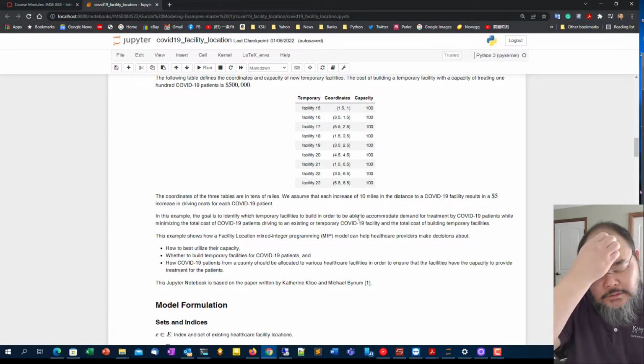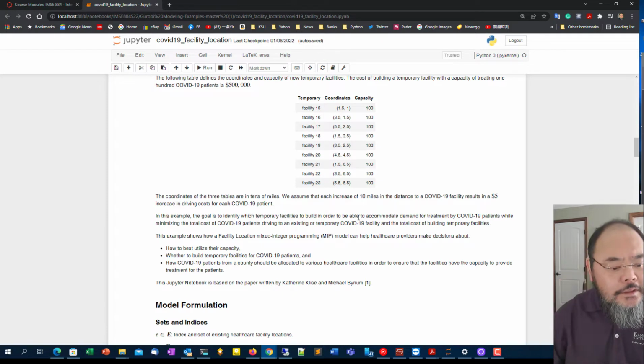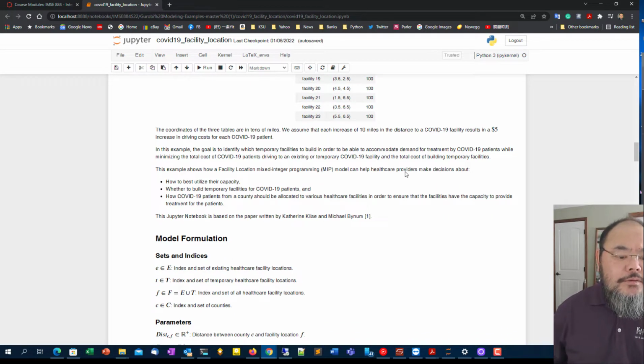This is the goal of this problem: to identify the temporary facilities in order to accommodate the demand for treatment by COVID patients, and also to minimize the total cost of patients driving distance from the existing facility to the temporary facility. So here we have proposed a mixed integer programming problem to achieve this, with several decisions.